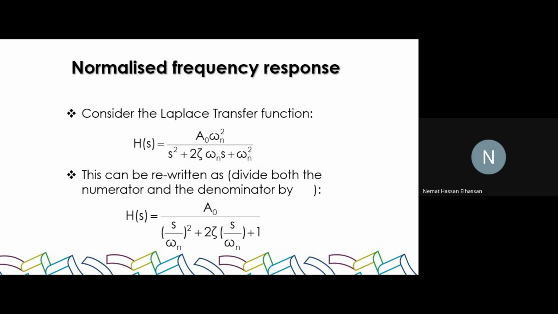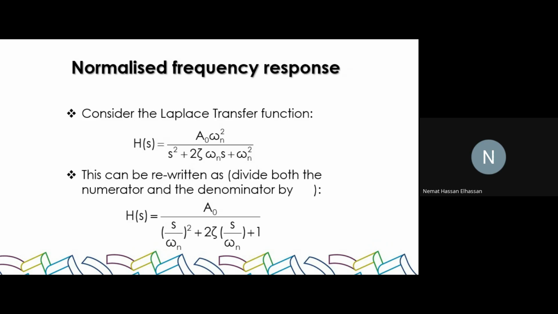And we know that components behave differently at different frequencies, right? Which means in order to have a fair comparison, we need what is called the normalized frequency response. Normalized means standardized, where instead of having multiple cutoff frequencies for the filter circuits that you want to compare, you make them all have the exact same cutoff frequency.